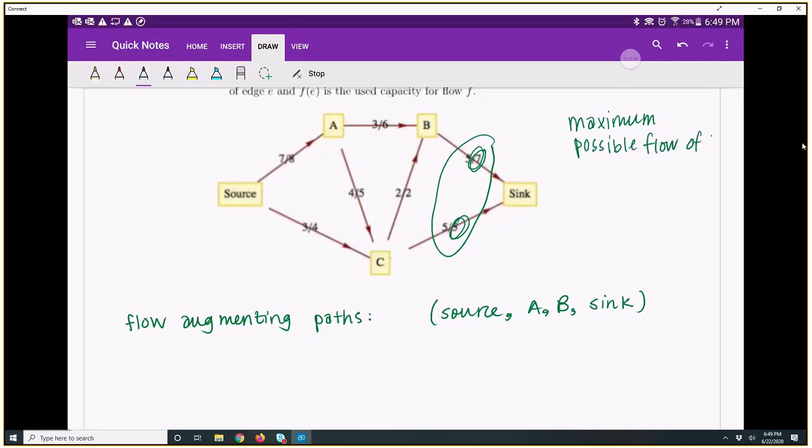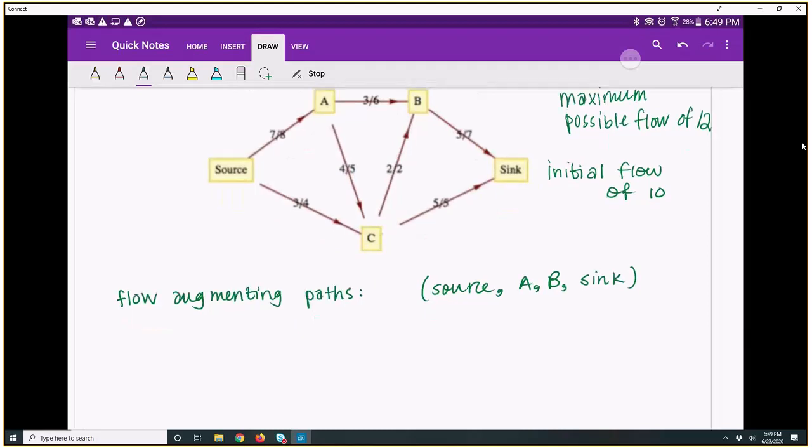Now, it's not always possible to achieve the maximum flow of 12, but in this case, I think we probably can. We already have, right now, this initial flow, which came from the function f, is 10. And I know that I've already found one flow augmenting path where I can add 1 gallon of flow.